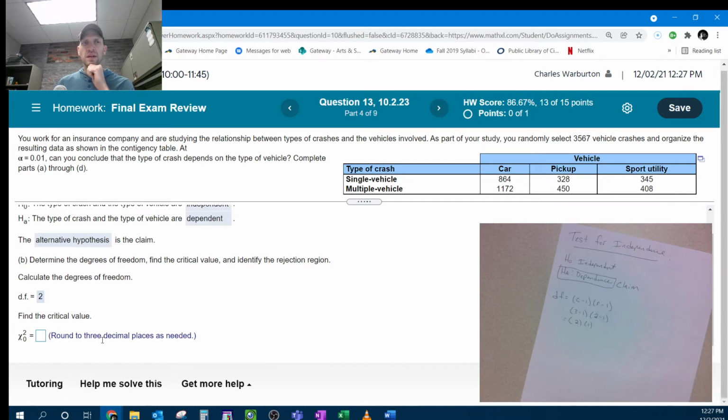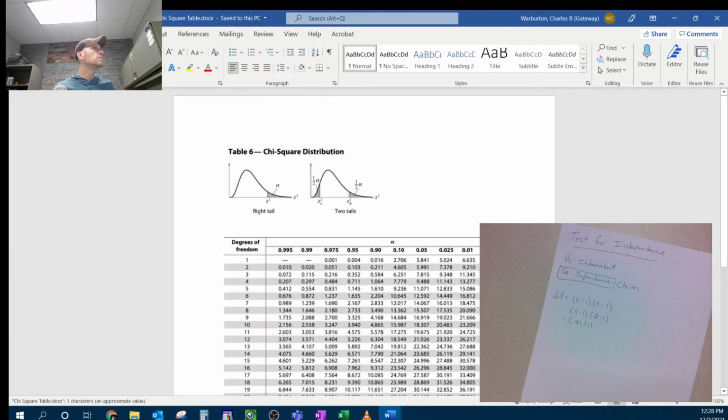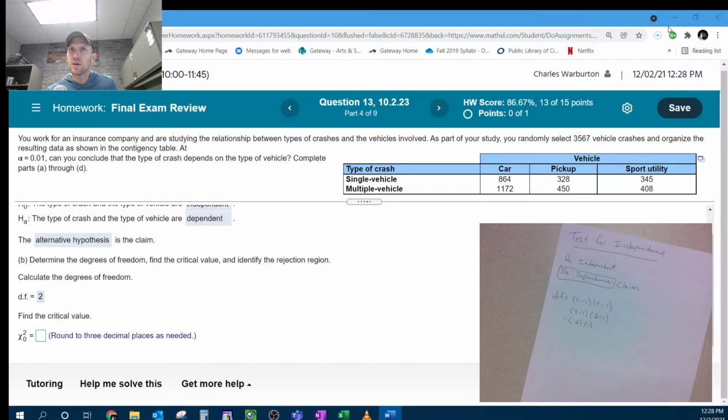Okay, next. They want me to find a critical chi-square value. That's from our chi-square table, so I need to look up a chi-square table. Right, here it is. So 2 degrees of freedom, and our alpha value, I forget what the alpha value was.